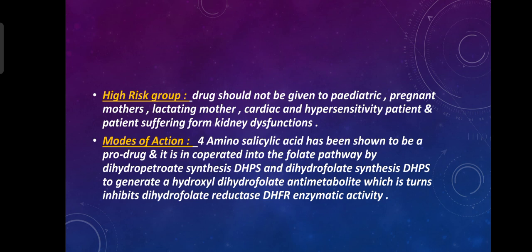As we can say, TB is not common in children. It is very common in old age people or in smokers. So the drug should not be given to children, pregnant women or lactating mothers, cardiac problem patients and hypersensitive patients. Patients suffering from kidney dysfunctions are also at very high risk.